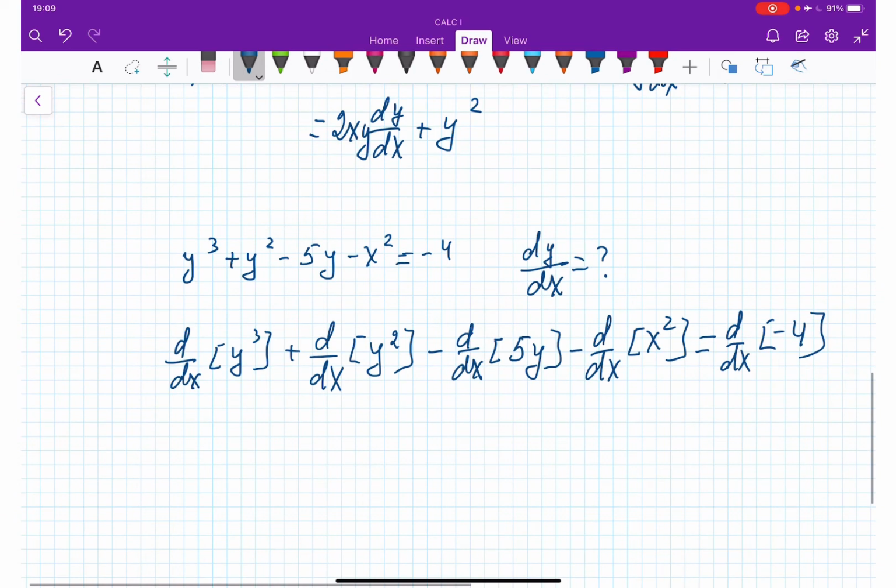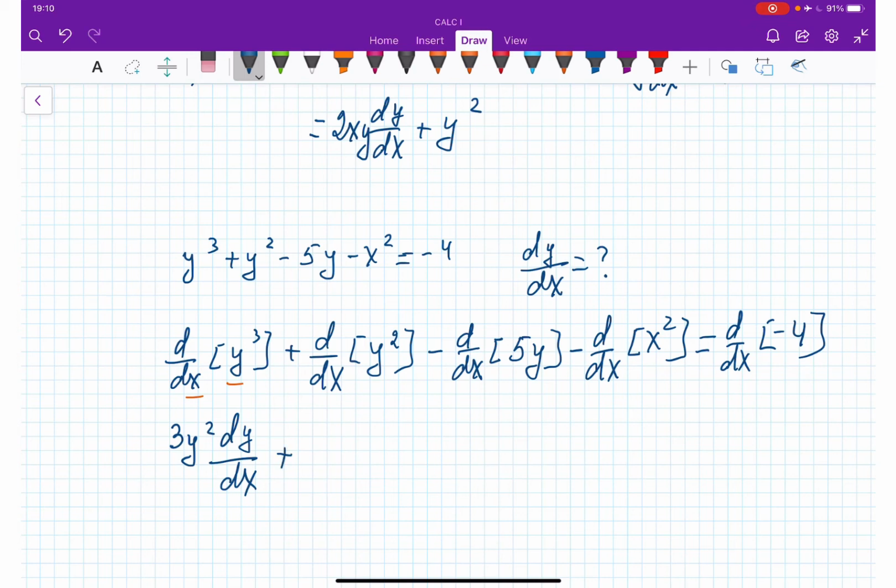All right, so if I take the implicit derivative of y cubed, the first term, it's going to be 3y squared, because remember, pay attention, we differentiate with respect to x, but here we have y. So I'm going to apply the chain rule: 3y squared, and then get inside and differentiate y also, dy by dx.